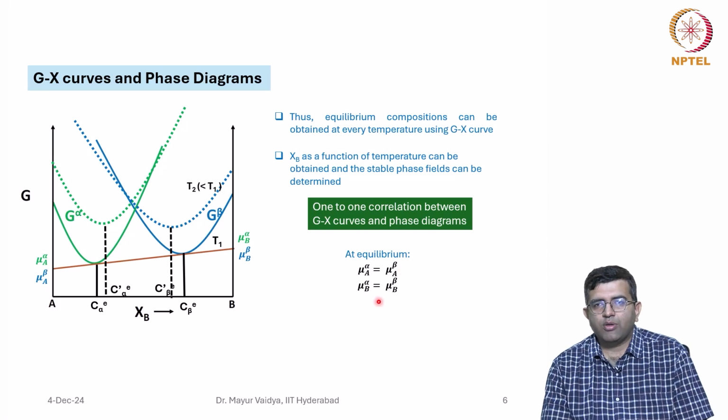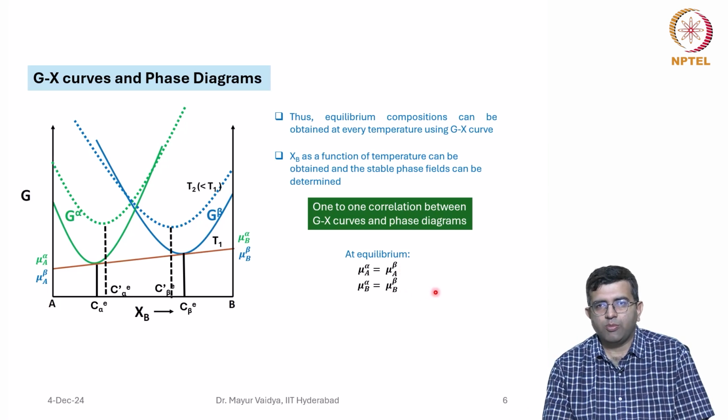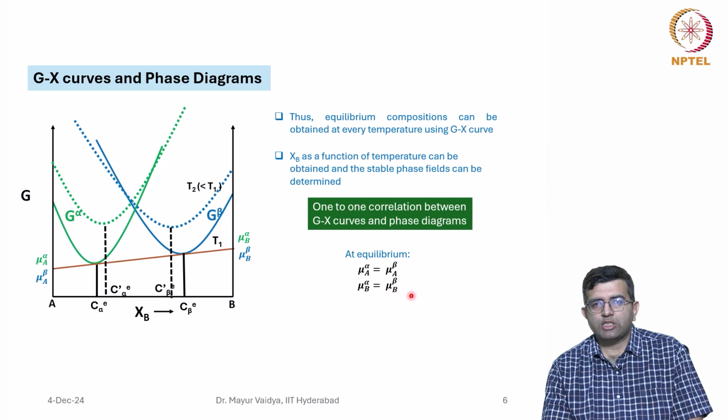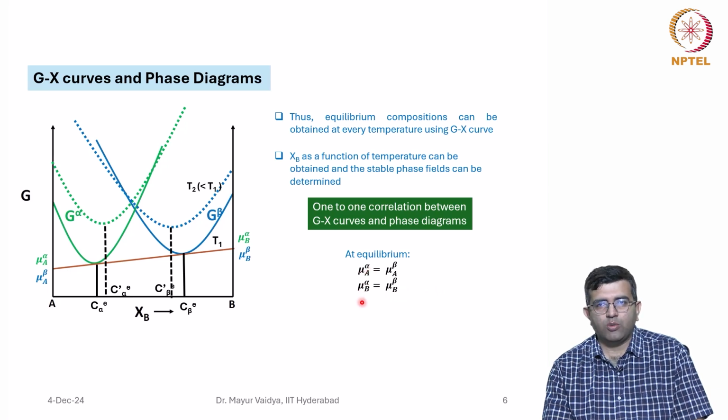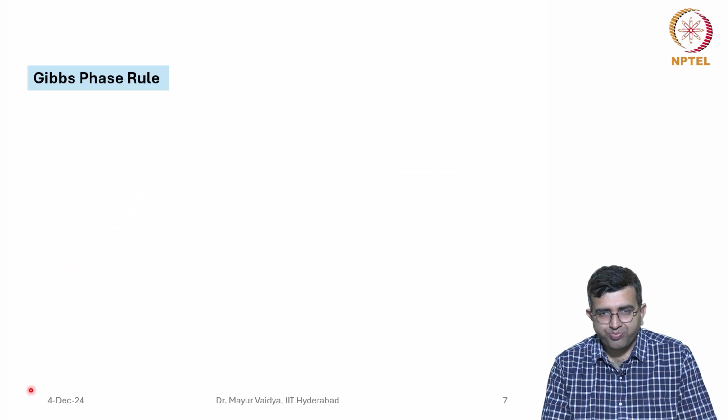Similarly, mu B alpha, mu B beta, mu B gamma all will be equal. Again, just to clarify, we are not saying that mu A in alpha and mu B in alpha are equal, but mu A in alpha, mu A in beta, mu A in gamma, and so on are equal. So, that is the criterion for equilibrium.